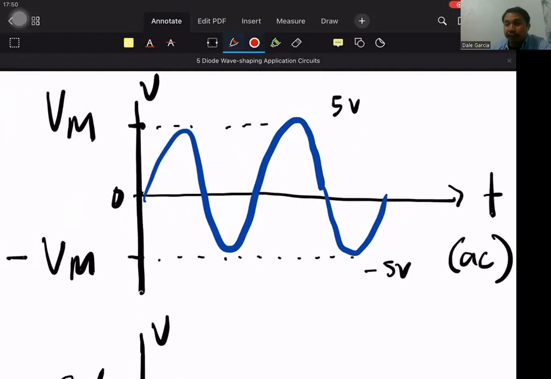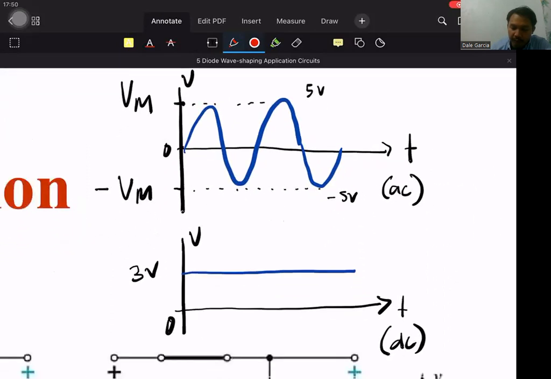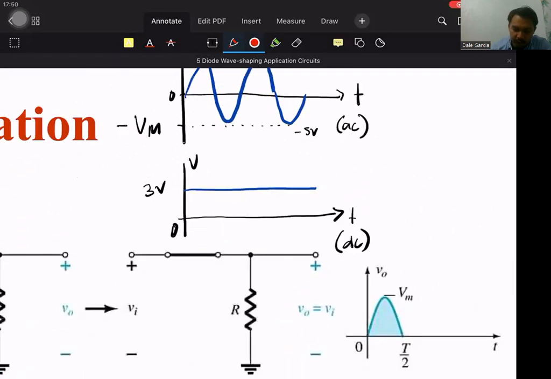So what if we pass this kind of signal through a diode? The diode circuit that we have looks like this.